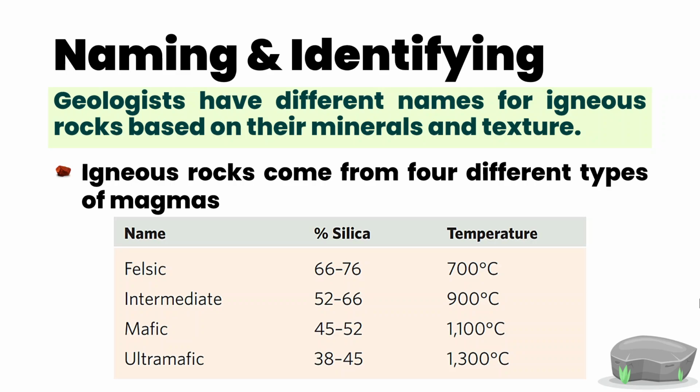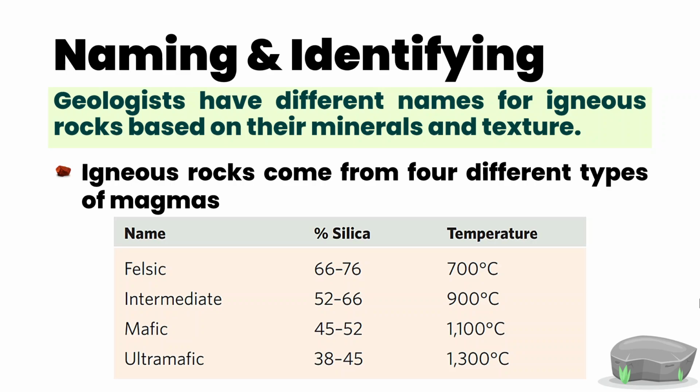Geologists have different names for igneous rocks based on their minerals and textures. Aside from classifying igneous rocks based on the location where they cool down, there are also categories of igneous rocks based on the mineral content and texture. Most of the time, the basis is the percentage of silica, silicon and oxygen, present in an igneous rock.